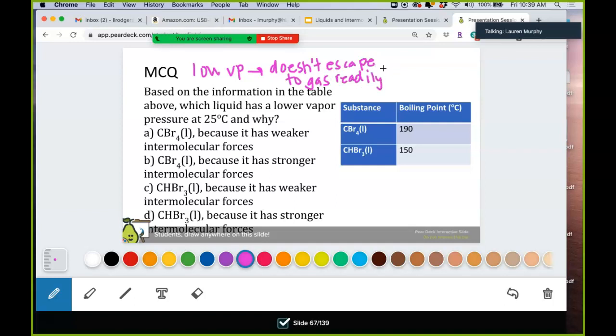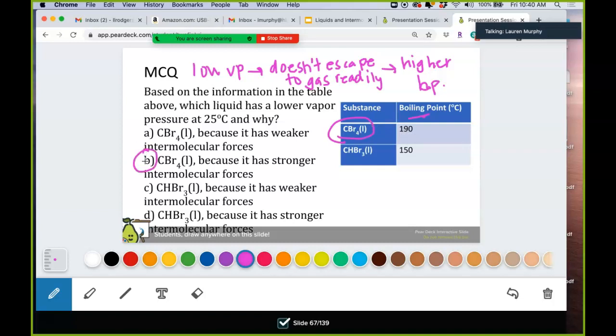And things that don't escape into the gas readily tend to have higher boiling points, right? Which is what is in this graph. They're harder to boil. So obviously, based on boiling points, this guy has the lower vapor pressure. It's harder to get it to boil, so therefore it doesn't escape into the gas phase very easily.